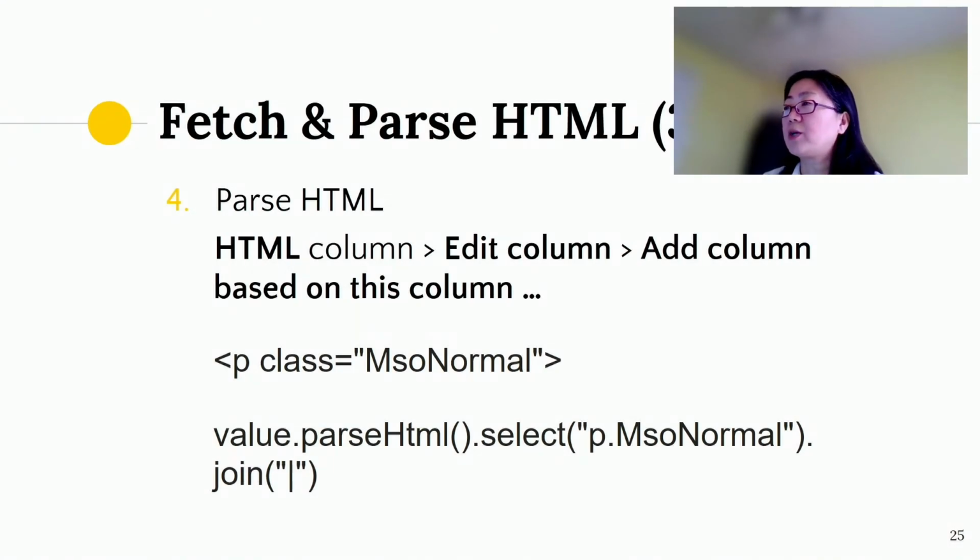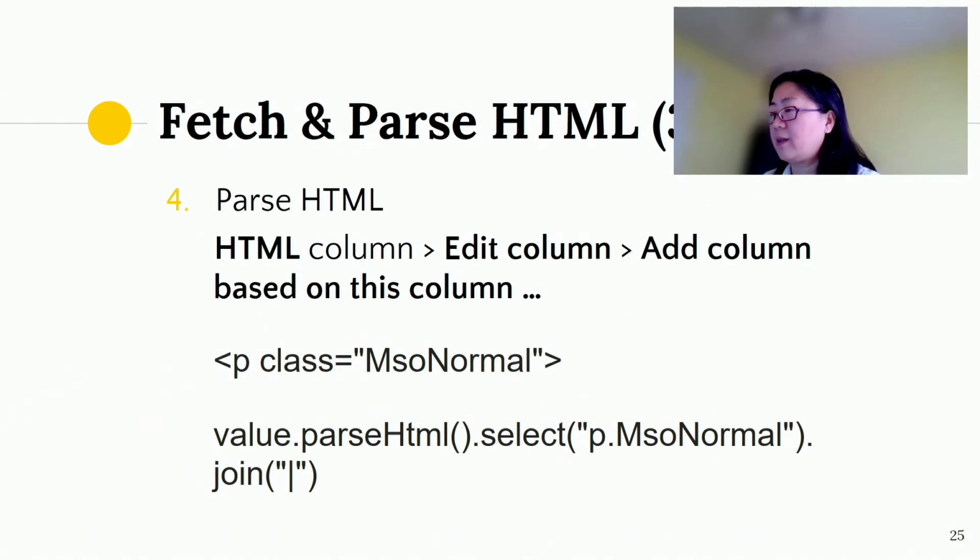So next, we're going to parse the HTML code based on this column, and we use the same command, add column based on this column. This time, we're going to use parse HTML instead of parse JSON. And instead of using the key of the key value pair in a JSON object, we use the function select.